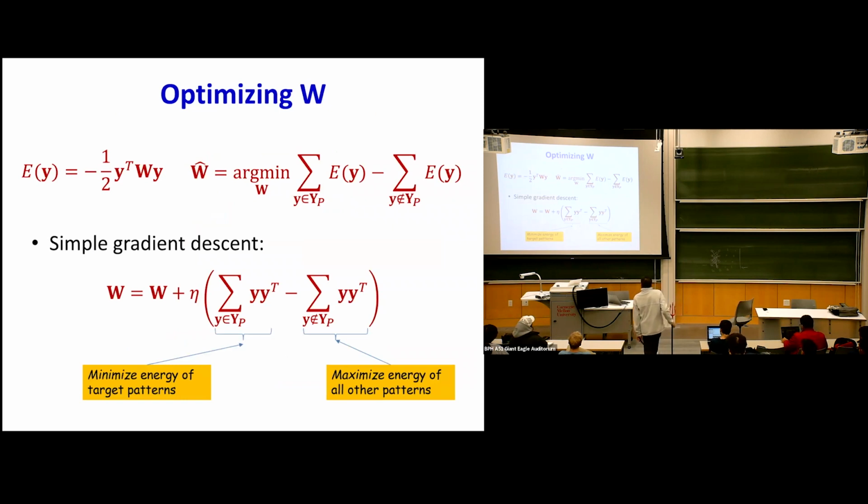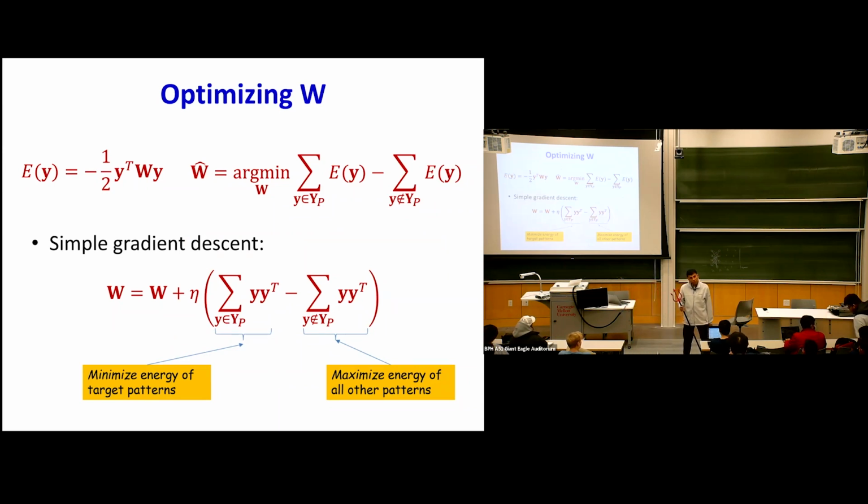And so if I just use simple gradient descent, then based on how we define the energy, which is a matrix inner product, or the negative of one, the derivative of the energy with respect to the weights is going to have two terms. The first is the sum of the outer products of all of the patterns that we want to remember. The second is the sum of all the patterns we don't want to remember.